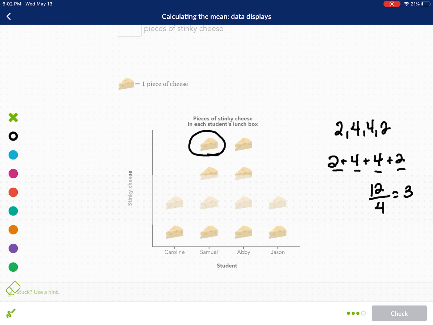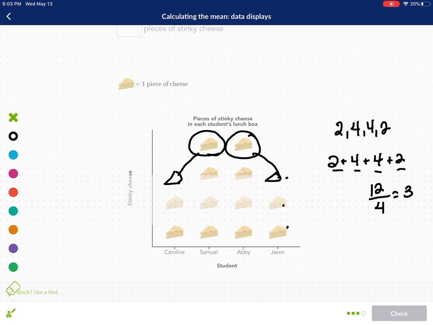Now, if you were to take this piece of cheese and put it here, it's a terrible drawing, and take this piece of cheese, if Sam gave his extra piece to Caroline, and Abby gave one of her pieces to Jason, they would all then have 3 pieces of stinky cheese each.